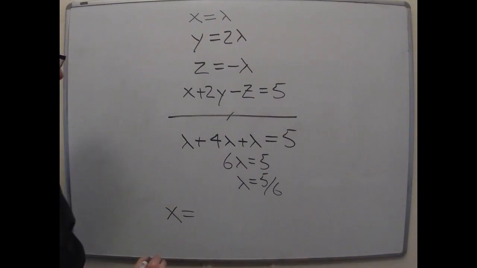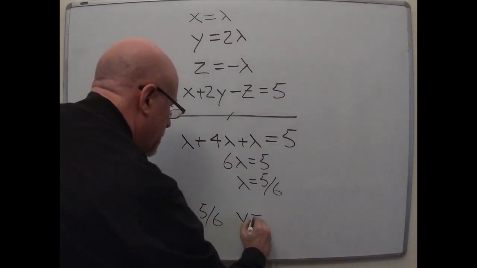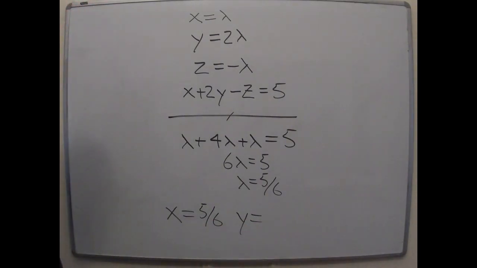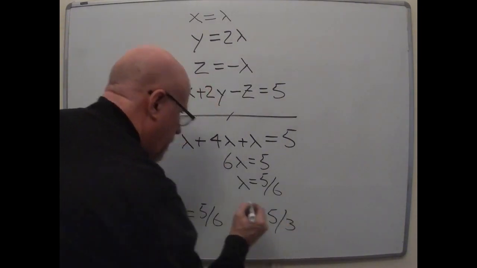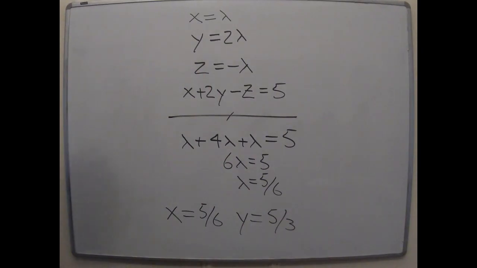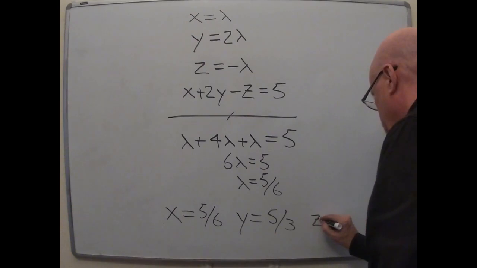x is lambda, 5/6. y is twice lambda, 10/6, which I think we can simplify to 5/3. And then z is the negative of lambda, negative 5/6.